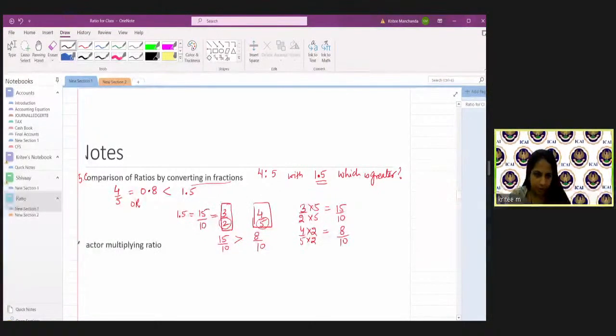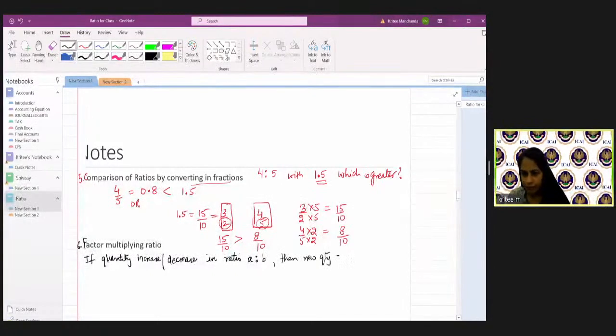So the next note is factor multiplying ratio. Now what is factor multiplying ratio? It says if a quantity increases or decreases in some ratio, and that ratio is A/B, then the new quantity will be equal to the inverse of that ratio multiplied with the old quantity.